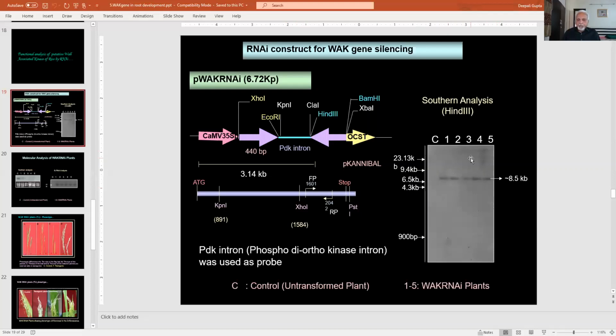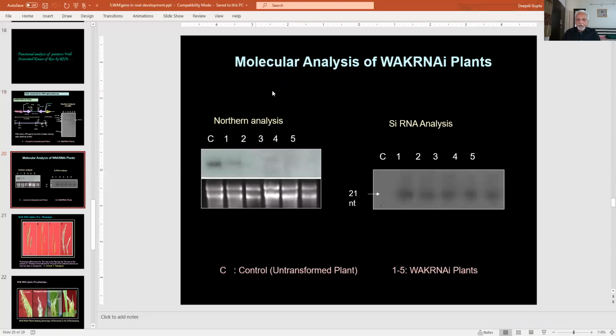Further, one has to find out whether this gene is expressing and doing its job. And what is its job? The silencing. So when you look for the presence of transcripts, RNA is isolated, extracted, run on a gel, and then probed with the gene probe cDNA with which we started.